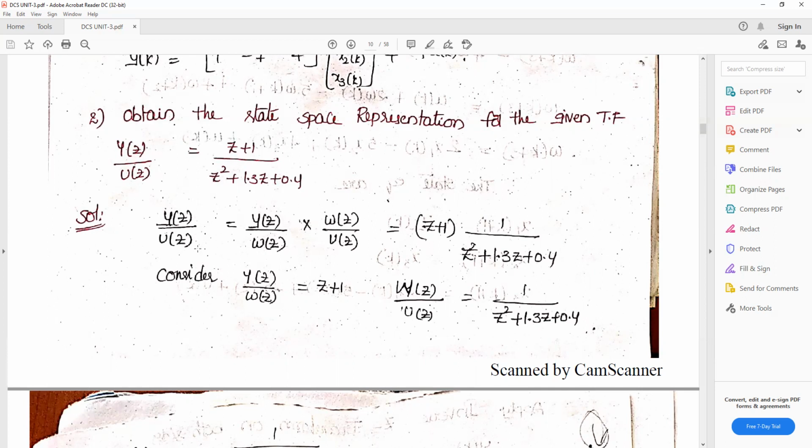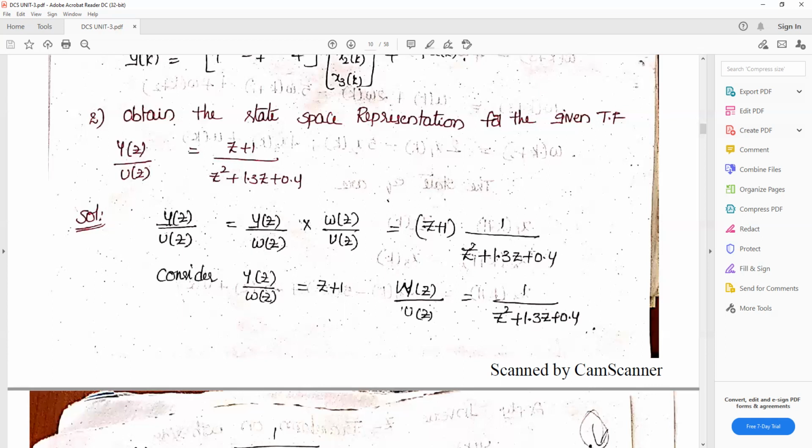So y of z by w of z is z plus 1, and w of z by u of z is 1 by z squared plus 1.3z plus 0.4.